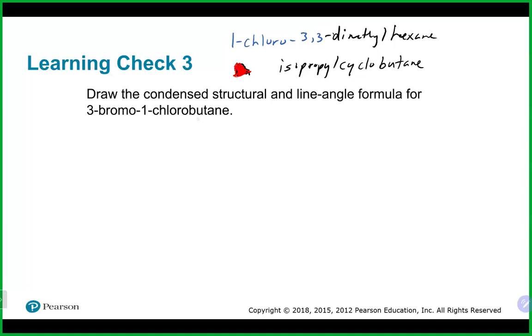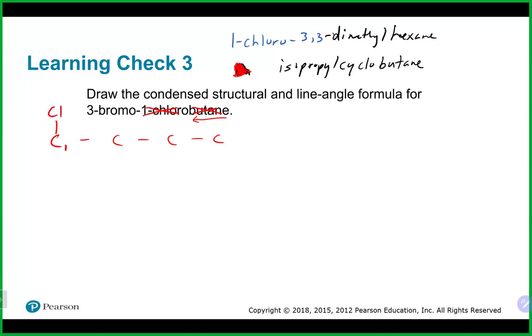We're always going to work backwards with the name. We'll start with the one they gave us, which is butane, which tells us it's 4 carbons. So that's what we want to start with, just the carbons in this case. That takes care of that part of the name. 1-chloro means that at carbon number 1, I have a chlorine group, so I should have a Cl there.